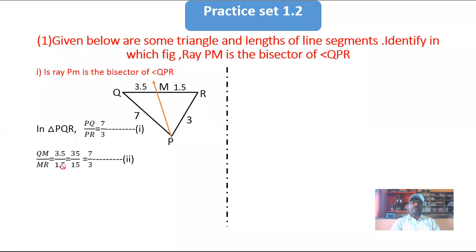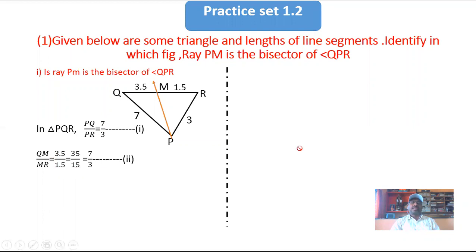When numerator and denominator each have one digit after the decimal point, the decimal point gets cancelled: 35/15. 5 threes are 15 and 5 sevens are 35. Then we get equation number 2. From equation 1 and equation 2, PQ to PR is equal to 7 to 3 and QM to MR is equal to 7 to 3.